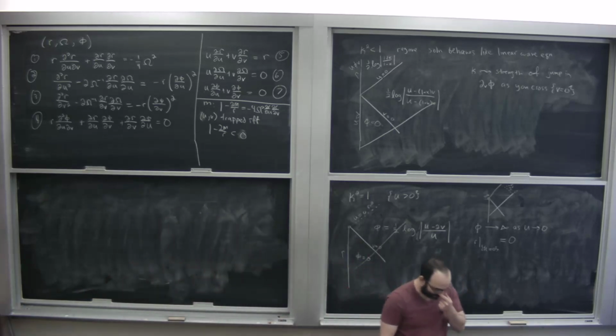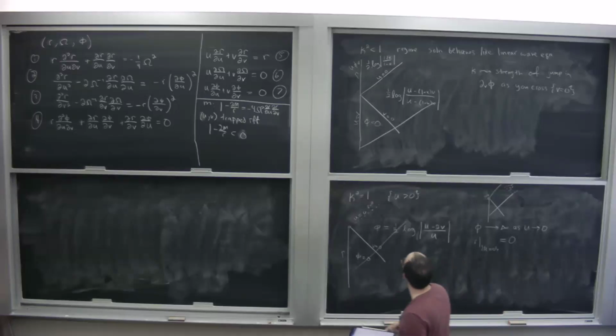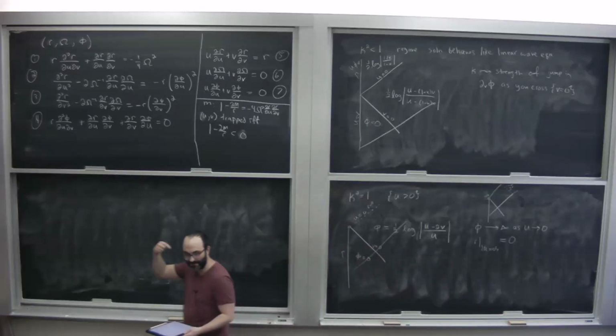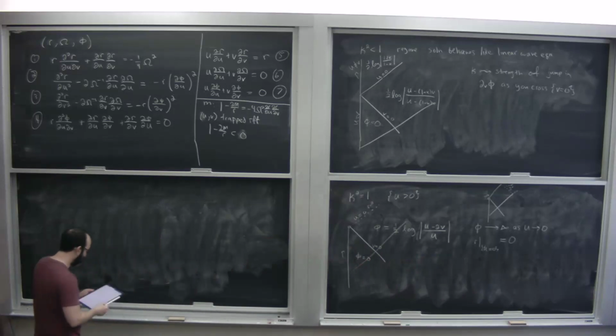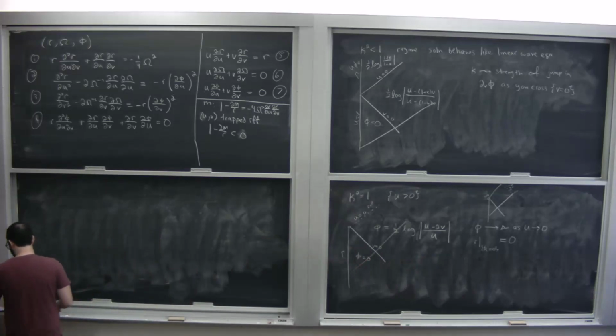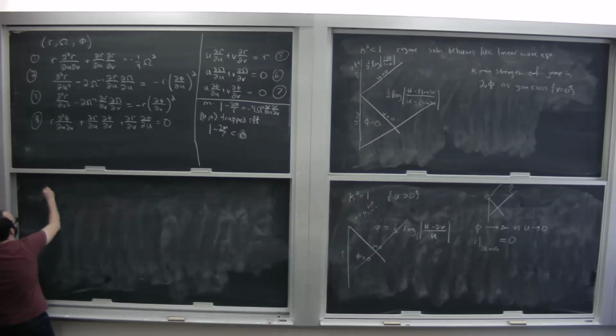All right, so now you might guess that the solution won't even exist up to u equals 0. It'll break down before that. So I'll draw the picture, and I'll just give you some formulas. So now when k squared is bigger than 1, you get the following sort of situation.